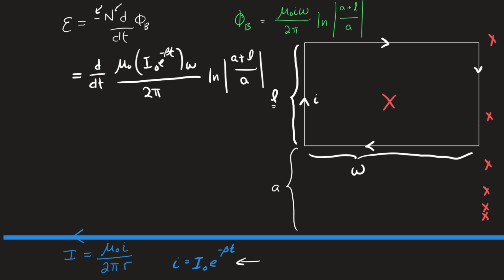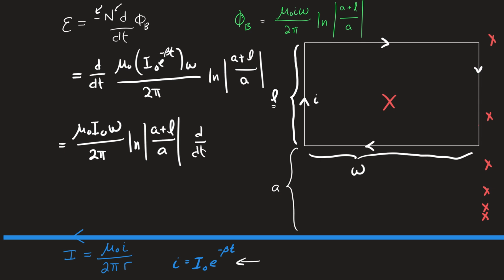So before I even start doing any real math here, everything that is staying the same, that is not going to change with respect to time, should be pulled out from my derivative. And all that I will have left is the rate of change of e to the negative beta t. Now, all I have to do is take the derivative of that part. So that means my EMF will be equal to all of this.